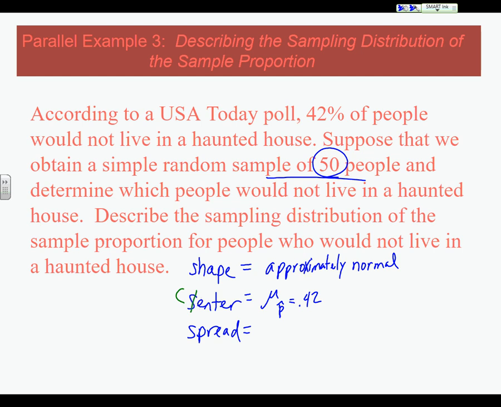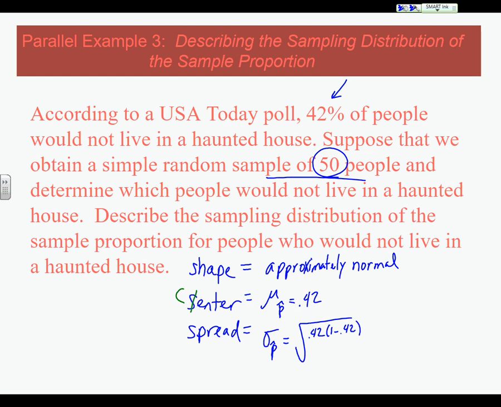The spread. Notice nowhere on here does it talk about standard deviation. That's a little different than what we had in the last video. So for the spread, I need to come up with all the numbers myself from this 0.42. My spread is going to be sigma sub p hat equals the square root of the proportion of people who would not live in a haunted house, 0.42, multiplied by the proportion of people who would live in a haunted house.